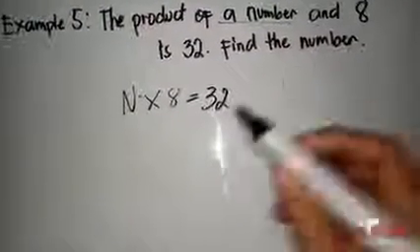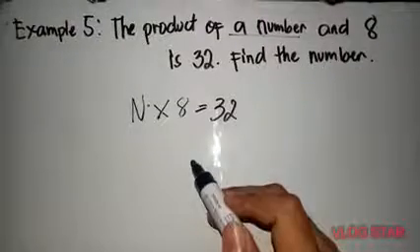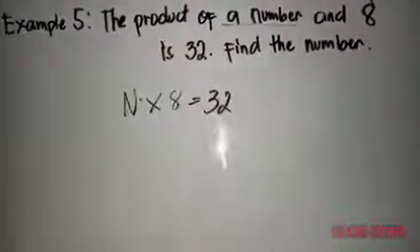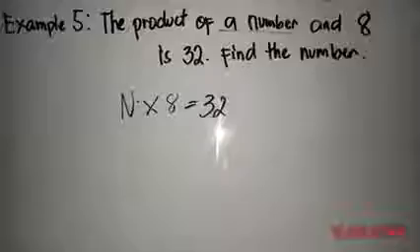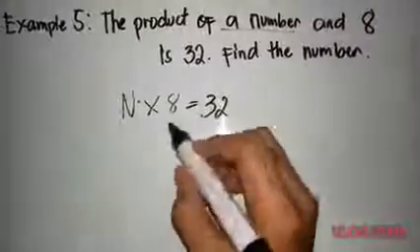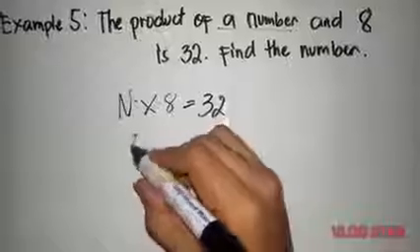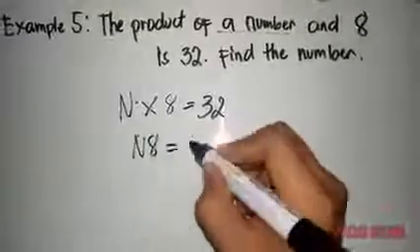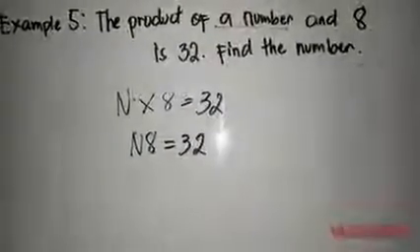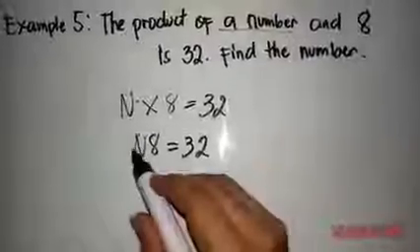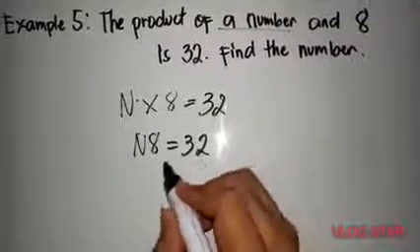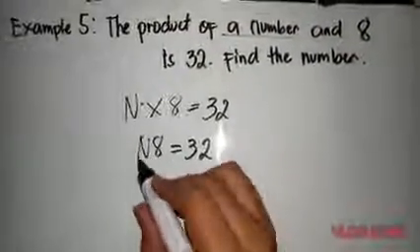Since n times 8 is just the same as 8n is equal to 32, for us to get the value of n, just divide both sides by 8.